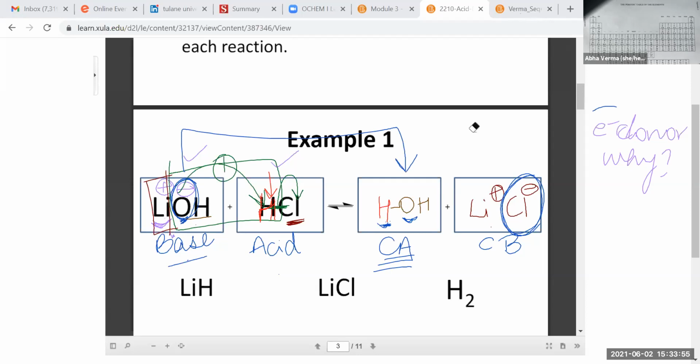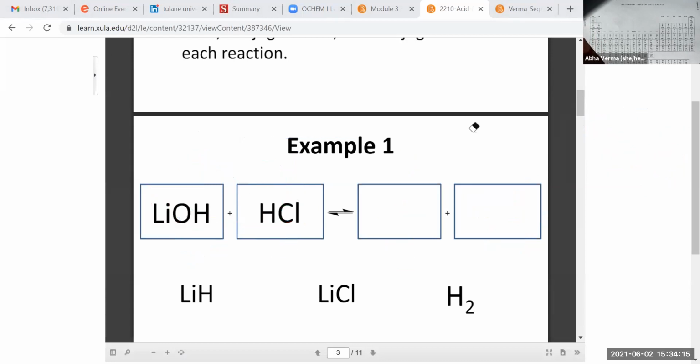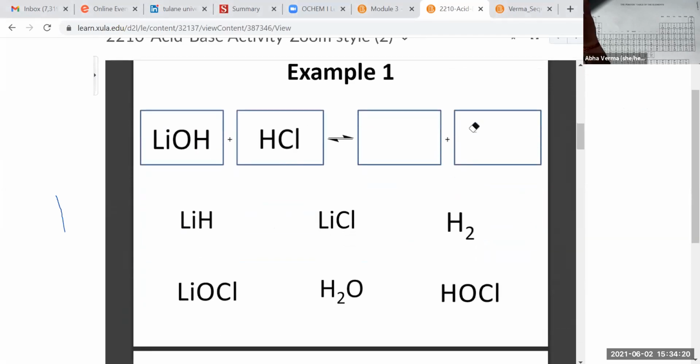So recognizing our electron donors is usually easy. If you look at the options, we didn't even need to see the options. We had written out the answers by ourselves.